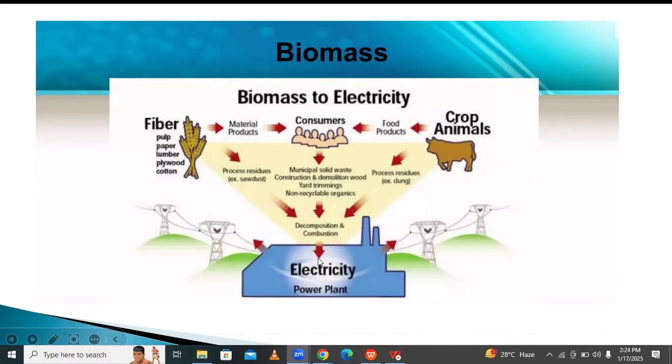By combusting municipal solid waste, we can generate electricity. Food products used by consumers also become municipal solid waste after use, as do crop and animal residues. By combusting them we can generate electricity and transmit it. This is biomass.